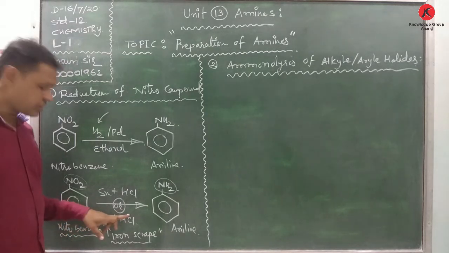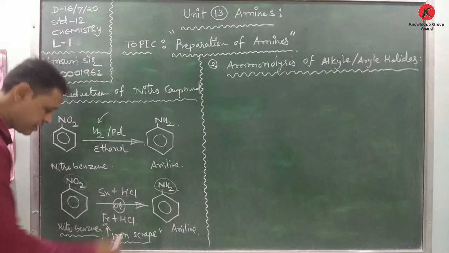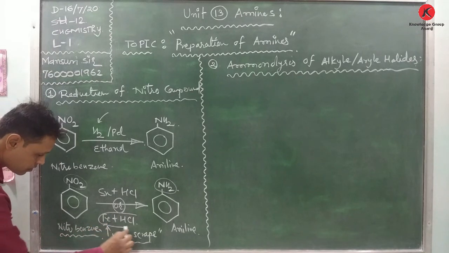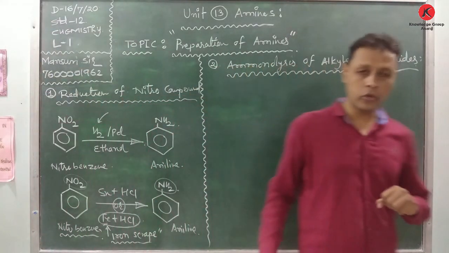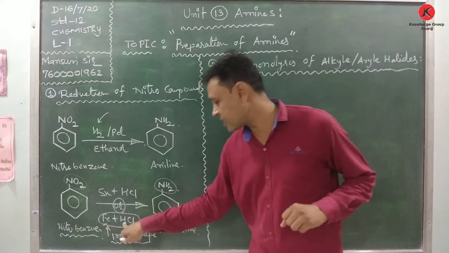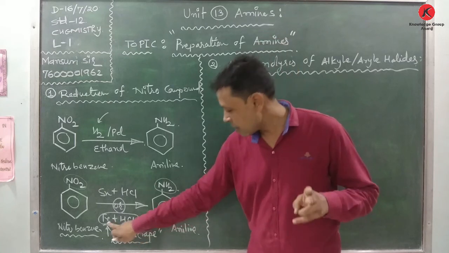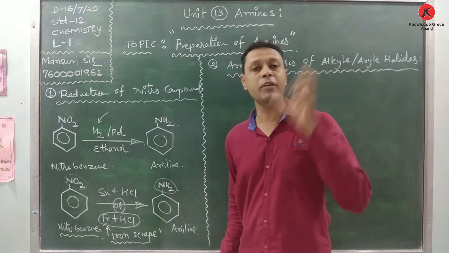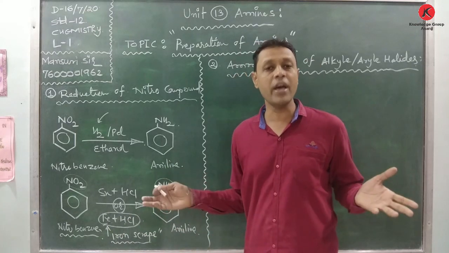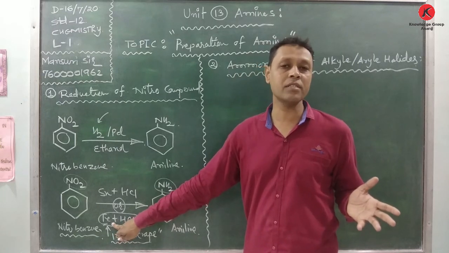Here the process of Fe plus HCl is preferred. Sn plus HCl is also used, but the Fe plus HCl process is more preferable because by Fe plus HCl we obtain FeCl2 and they form HCl very easily. That is why we are using iron scrap plus HCl.